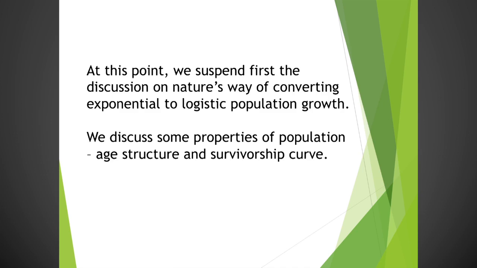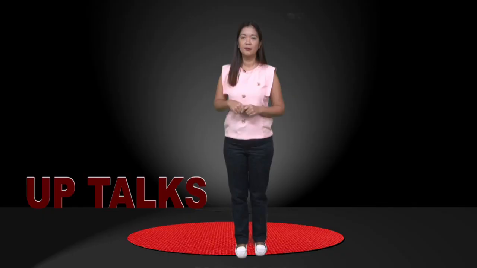So we have extended our limits. So at this point, we suspend the first discussion on nature's way of converting exponential to logistic population growth. We now move on to the discussion on the properties of the population, specifically age structure and survivorship curve.